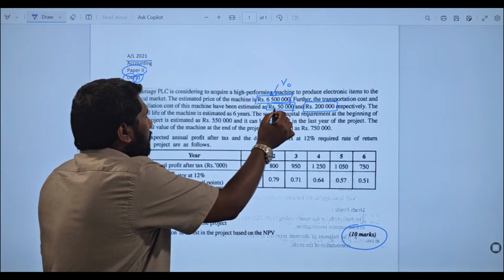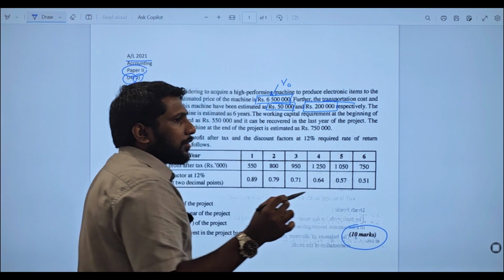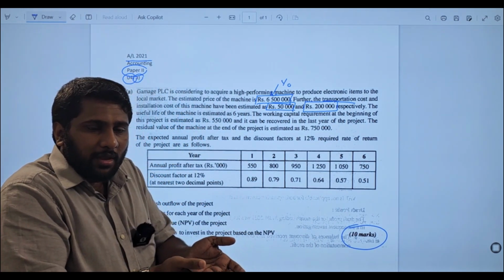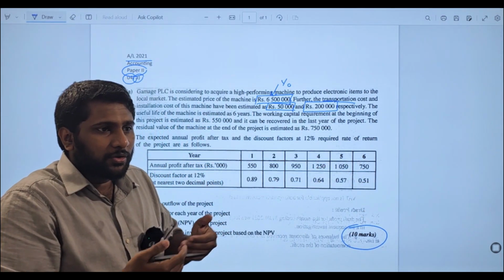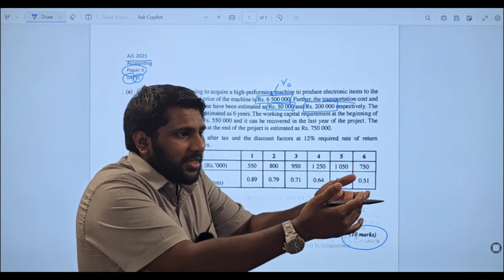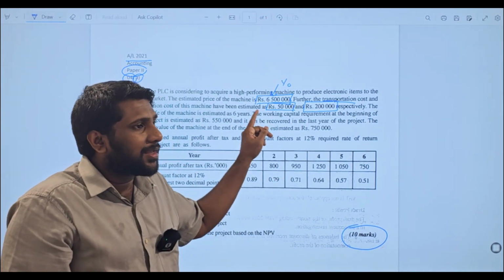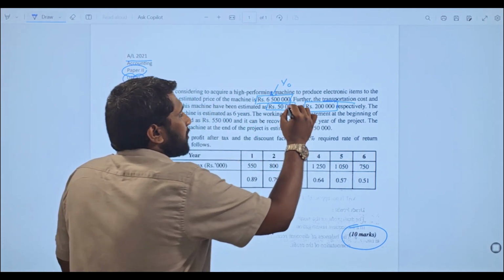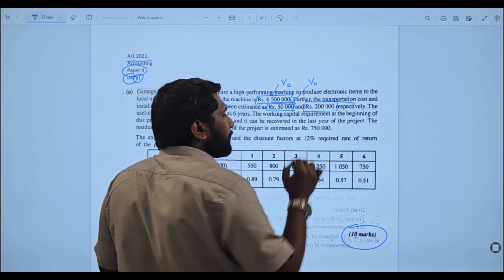The 50,000 transportation cost, why will you incur it? Because you are going to purchase the machine. If you purchase the machine, you have to transport it. So you incur the transportation cost of 50,000 because of the investment. So this is an incremental cash flow. You have to consider this cash flow, which is also an amount for year 0.